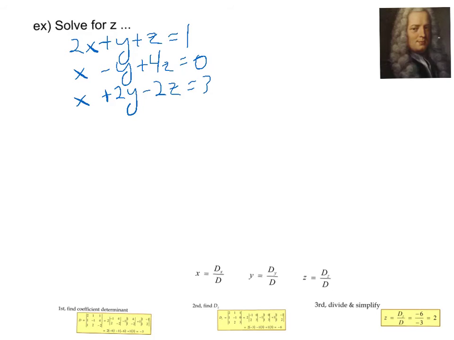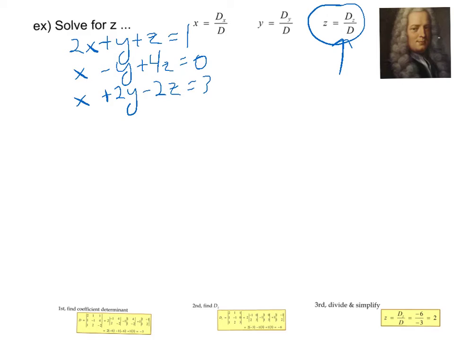Now let's solve for z. Remember, here are the equations right here, so I'll just leave these up here for our reminder. We only need this one. We're finding z, so we have to find the determinant of the coefficient matrix and the d sub z.